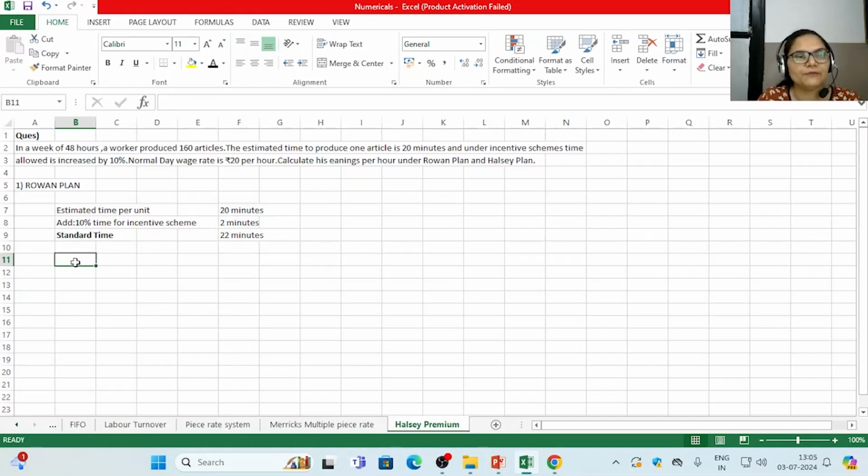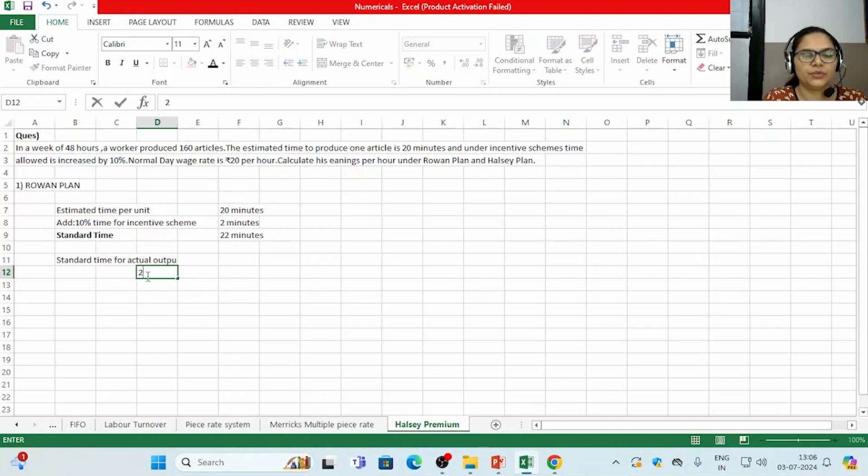Now standard time for actual output. Standard time for actual output we need to calculate, which is 22, that is the standard time, into actual output divided by 60, that is 1 hour.